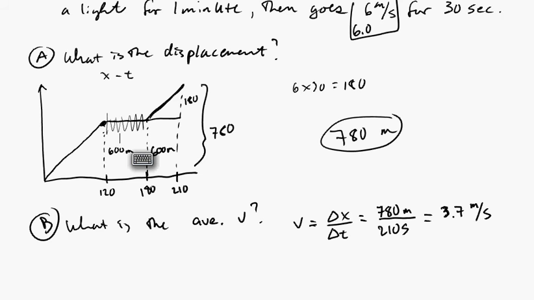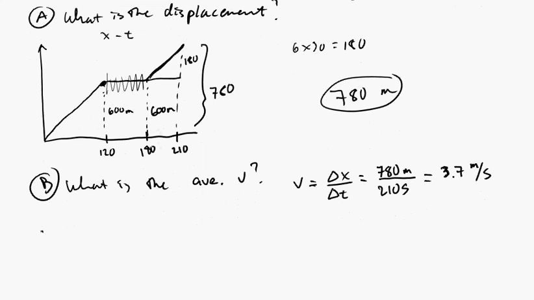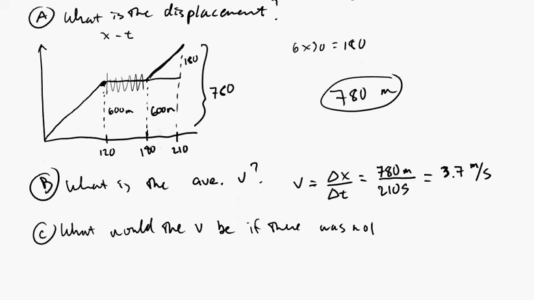So the last follow-up question might be, C, what would the velocity be if there was no stop? Okay, well, the change in x would be the same.